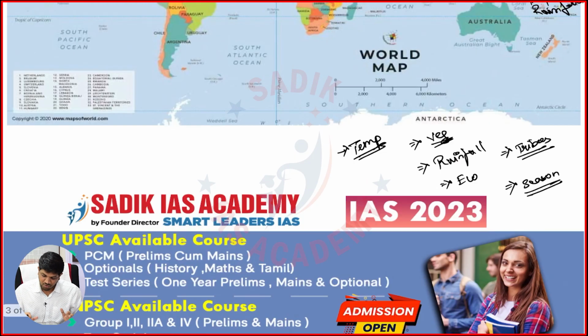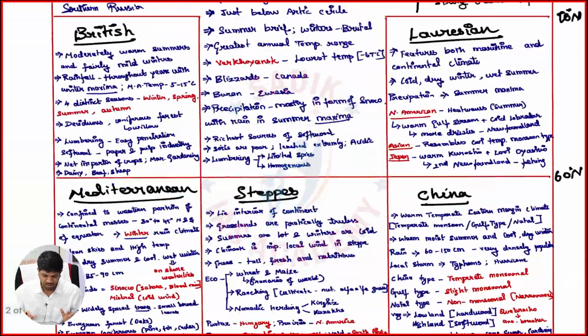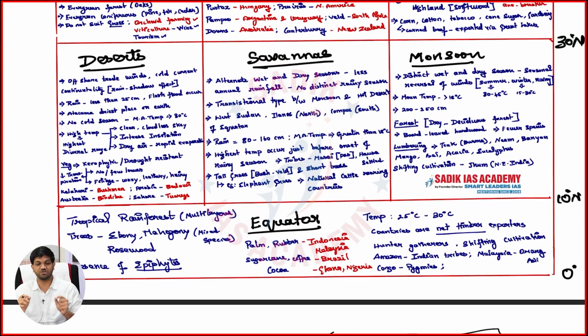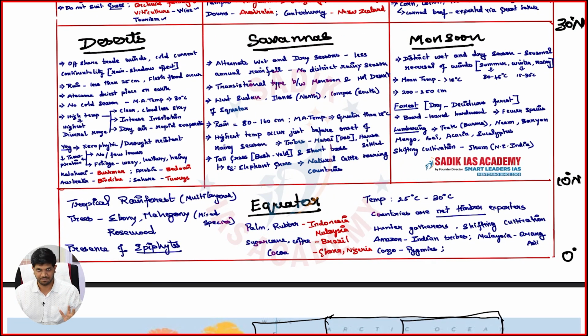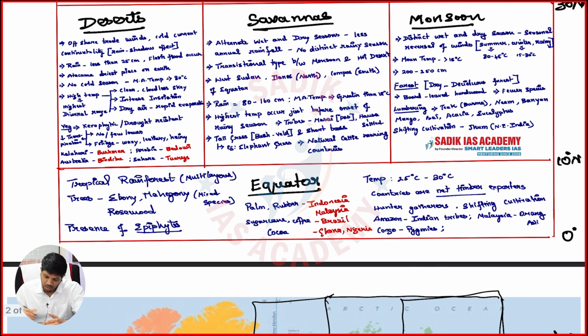Okay, now we will directly go into the checkerboard, and we will see the specifications of each and every climate. For example, I am just saying how you should read and how you should see this checkerboard. Okay, friends.